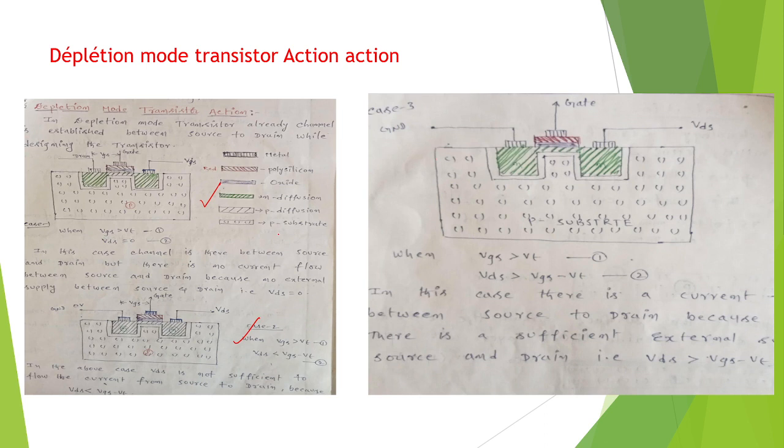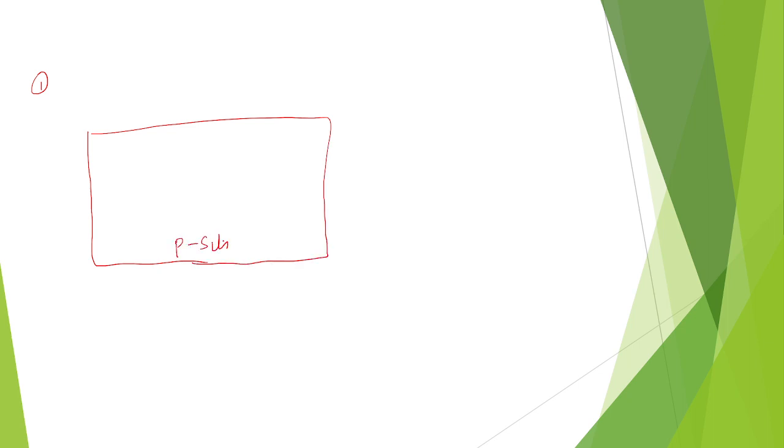So the regions are cutoff, ohmic region and saturation region. I will take the first one. You know how the transistor fabrication is done. You take one substrate, either P or N substrate, having holes. If it is a P substrate, to design the gate terminal, deposit the polysilicon material at the middle of the substrate, and of course this is the silicon dioxide layer.